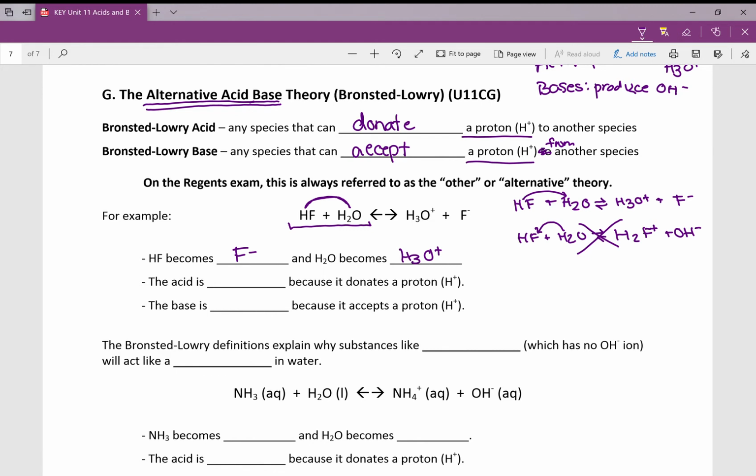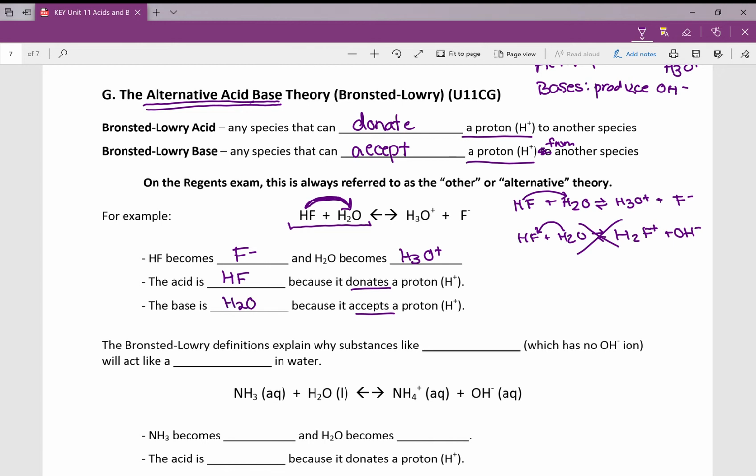And it does that when HF donates and transfers a proton over to H2O. So HF is the one that's donating the proton. It's giving it up. So HF is going to be our Bronsted-Lowry acid, and H2O is the one accepting that H plus. So H2O is our base.